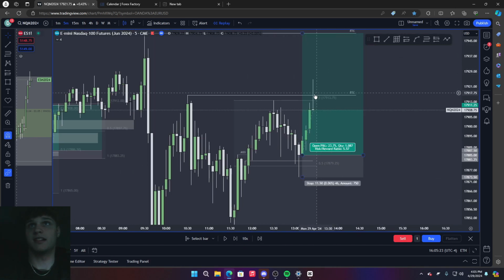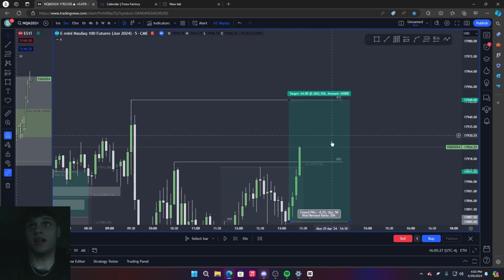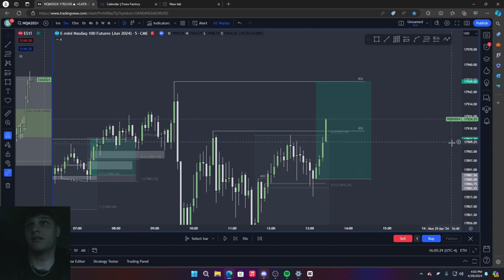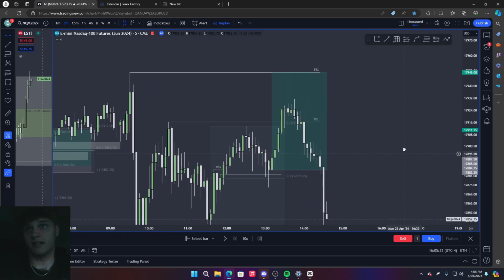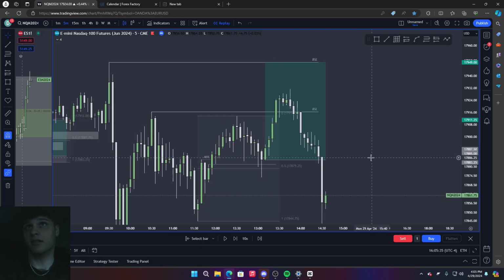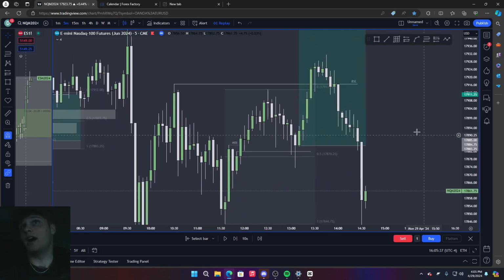After price reaches this point right here, you set it to break even, you let it run to this buy side liquidity. And let's see if it does. It does. Okay, so you get stopped at break even, which is why it's smart to take it off here.